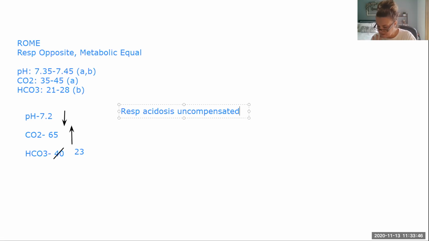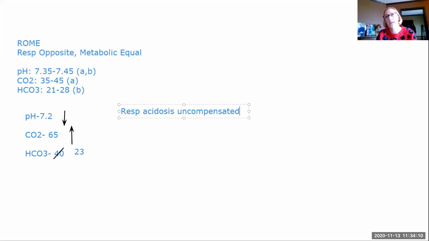On the worksheet, is that the arterial blood? Yes, there's a worksheet in the module. What do the BE and the PO2 stand for? Base excess and the oxygen. You don't need those. You get those when you get your ABG printout, but in order to determine compensation, you don't need all that.